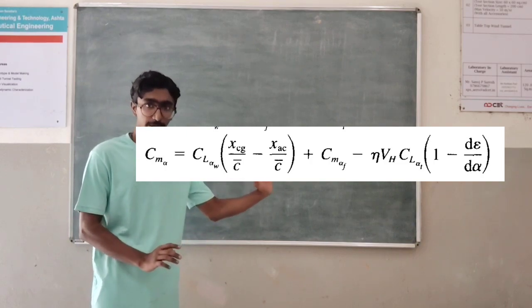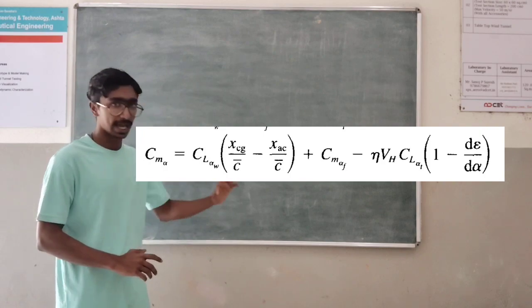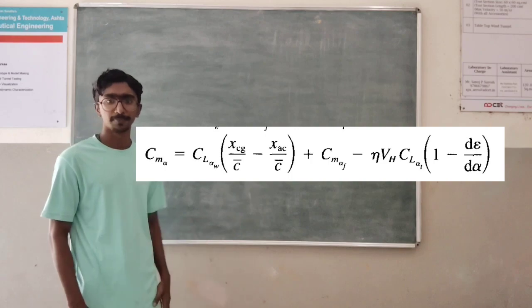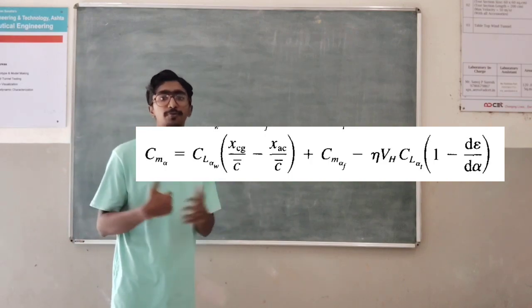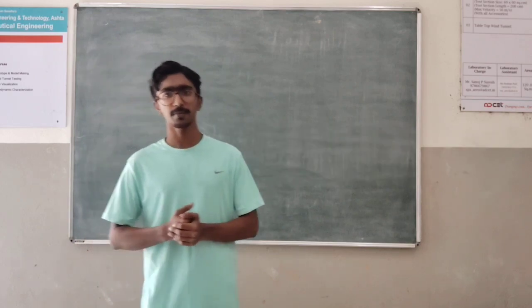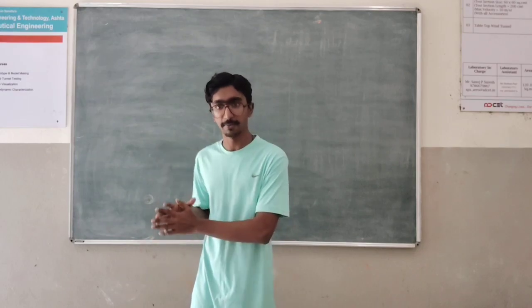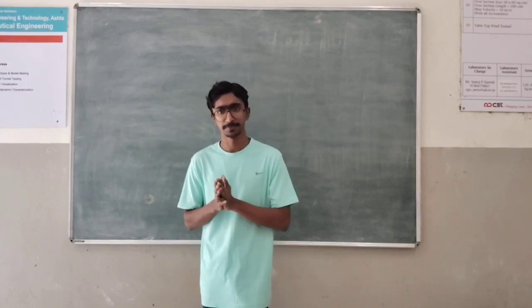It is not related to a particular wing, tail or fuselage. It is representing the whole aircraft. So Cm alpha gives this formula. You can just write this down and it will be helpful for any further uses. All these things are derived through basic formulas and other concepts.